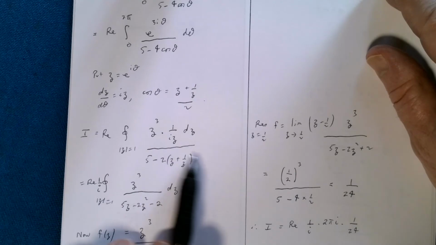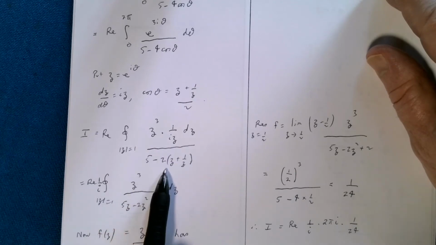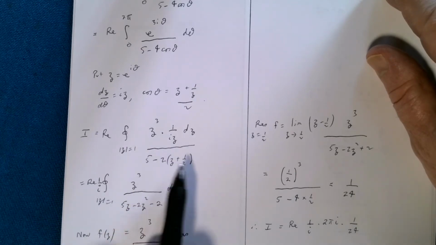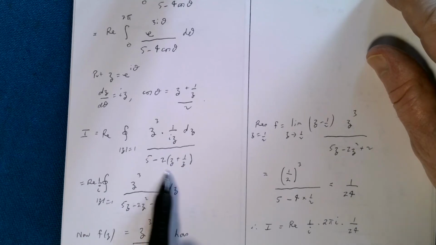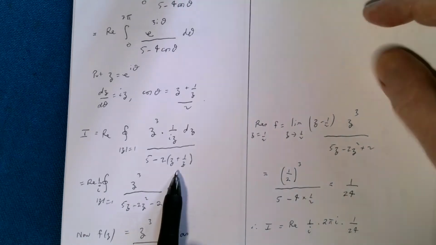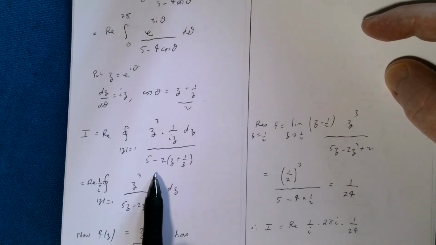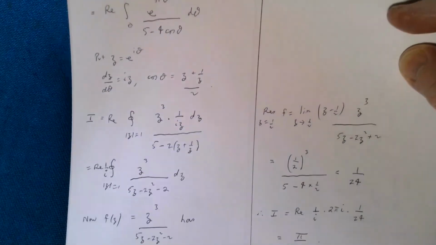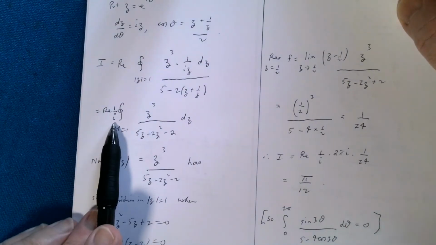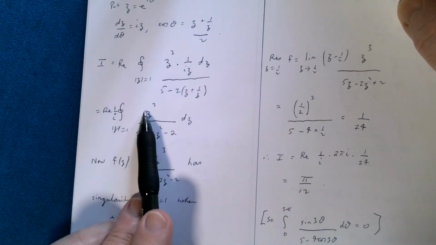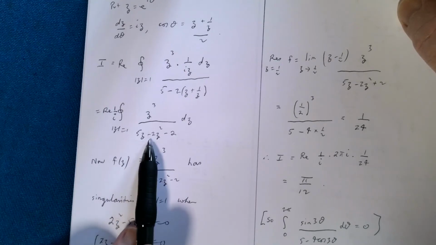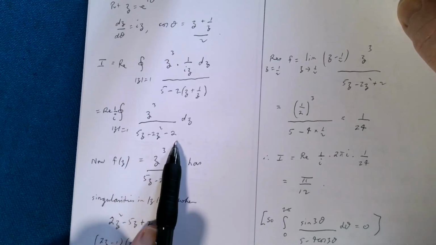In the denominator we have 5 minus, we had a 4 over 2, so the 2's cancel. Again, we clear the double-decker fractions. I'm going to multiply top and bottom by z, and I take the 1 over i out. I'll get a z cubed on the top, and I'll get 5z minus 2z squared minus 2 in the denominator.